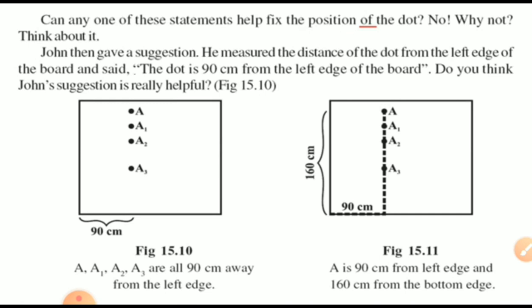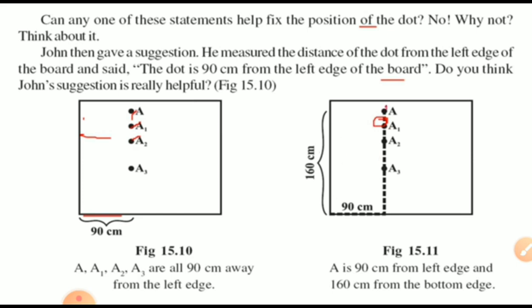Now, why not think about it? John then gave a suggestion. He measured the distance of the dot from the left edge of the board and said the dot is 90 centimeters from the left edge of the board. Do you think John's suggestion is really helpful? Figures A, A1, A2, A3 are all 90 centimeters away from the left side.